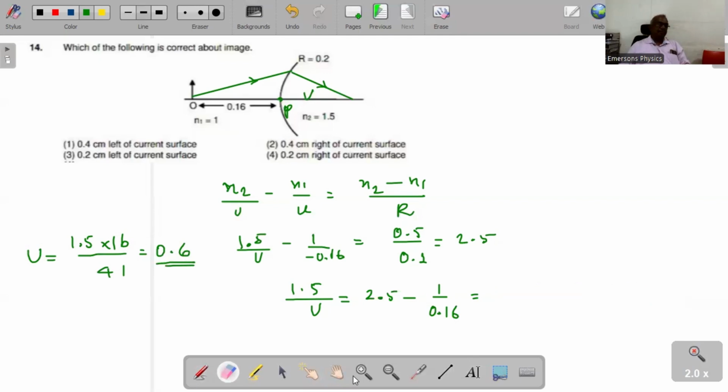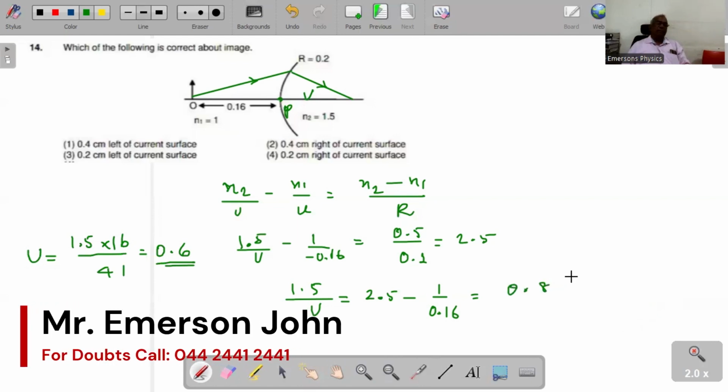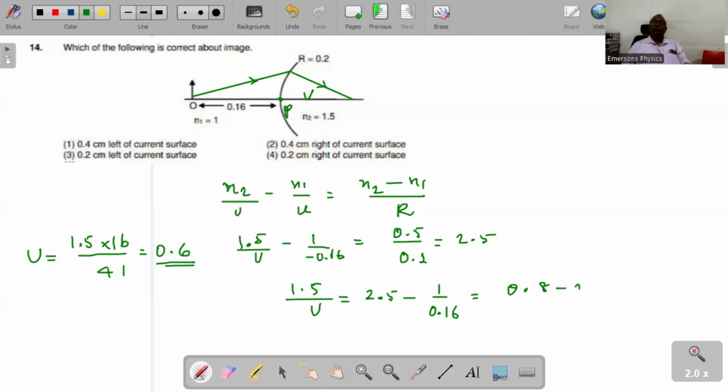We got the V value. 1.5 divided by V equals 0.8 minus 2 divided by 0.32, which is minus 1.2 divided by 0.32.